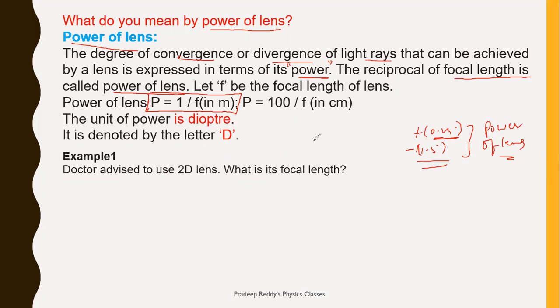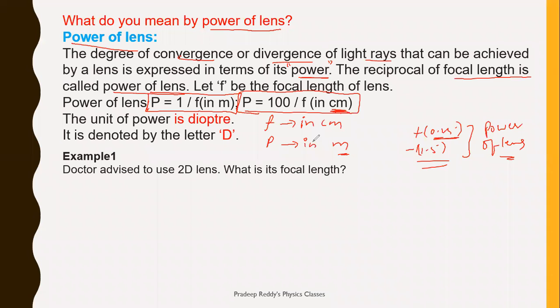And as you know, generally focal length we will be considering in centimeter, while power you will be calculating in meter, right? So power in terms of centimeter, you can write as P is equal to 100 divided by f, where f is in centimeter.